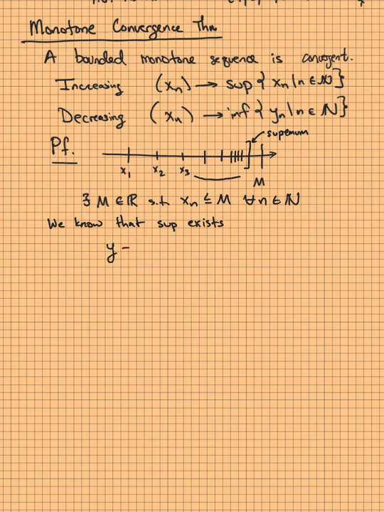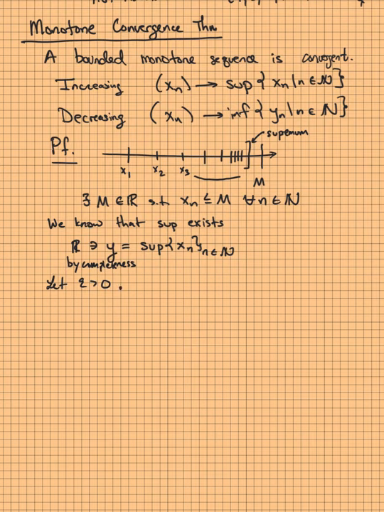I'm going to call this y, which is the supremum of the set xn for n in N. This is a real number by completeness. And now what do we have to show? Well, for any epsilon greater than 0, we have to find this N, which bounds the distance between y and the xn's for sufficiently large n.